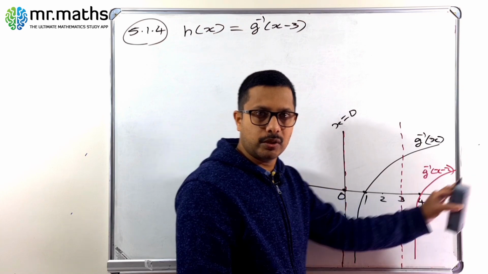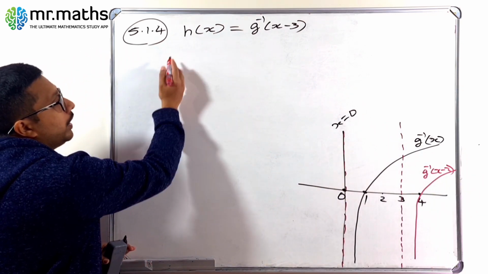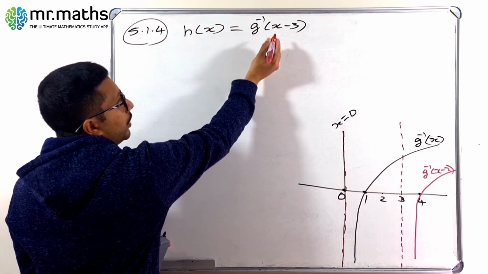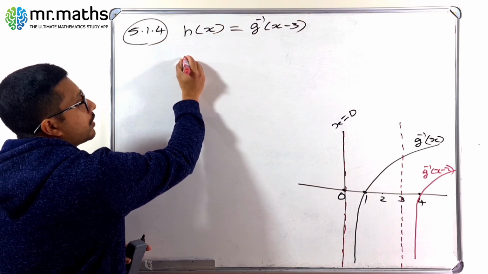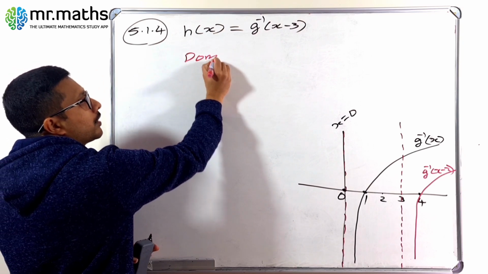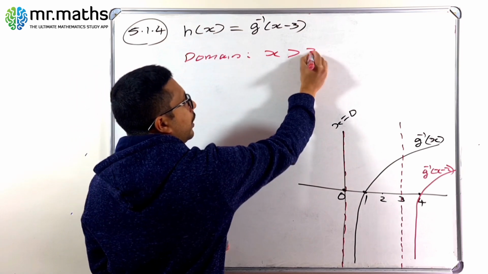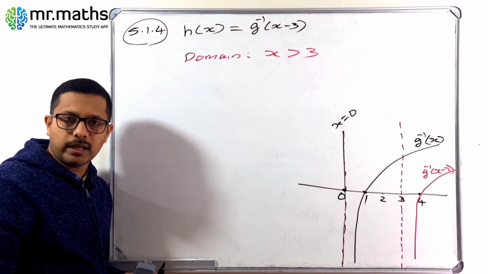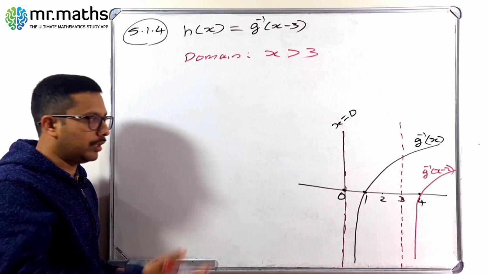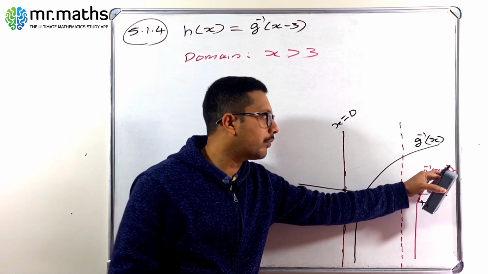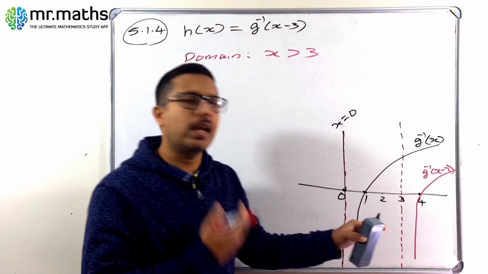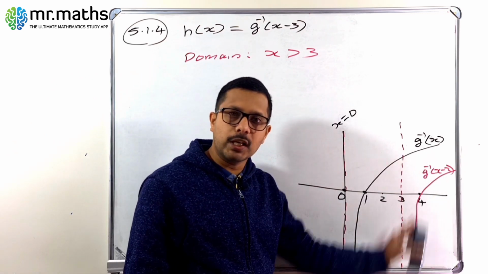Do you understand? So in this h of x, g inverse of x minus 3, what is the domain? Domain x is greater than 3. x must be greater than 3, because the g inverse of x minus 3 graph never touches this asymptote.